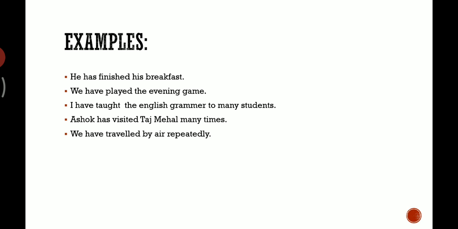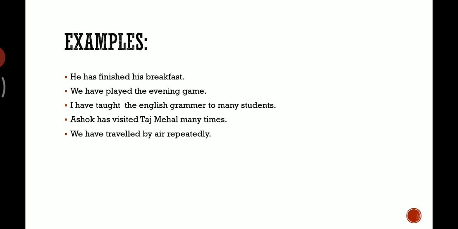My career as teacher is not over. Similarly, in sentence 4, Ashok has visited Taj many times, means he can still visit it again. Thus, the continuity of his action is not stopped. So, he has the experience of visiting the Taj and he may visit it again when he wants to.